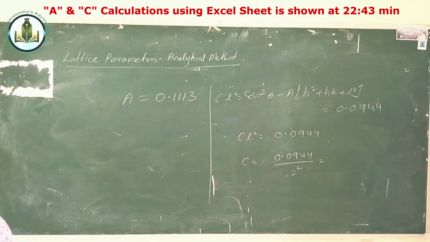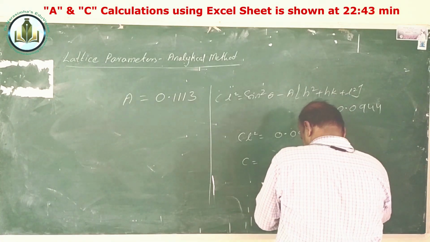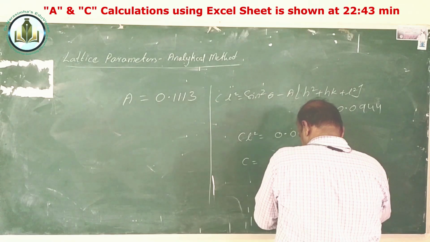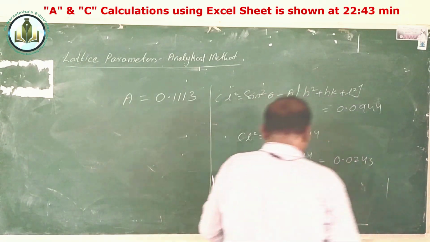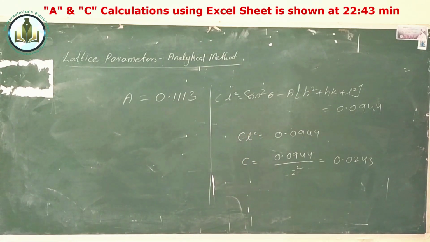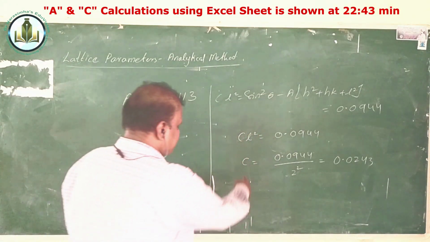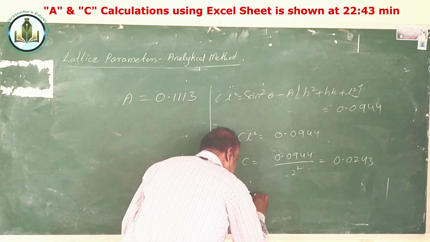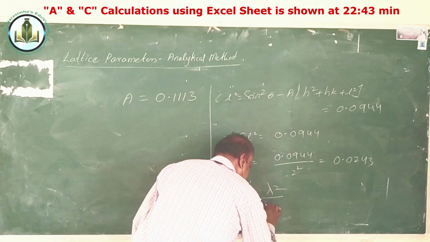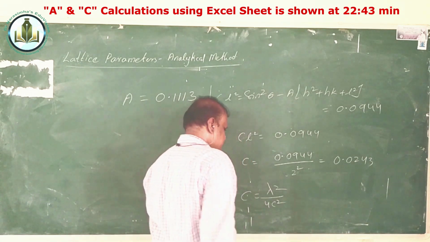0.0944 divided by 2 square value is 0.0243. So you can calculate. This is the capital C value. Then C equals lambda square divided by 4c square.